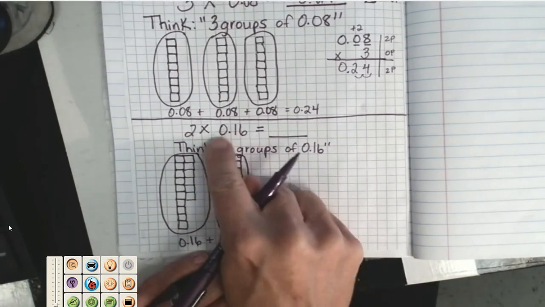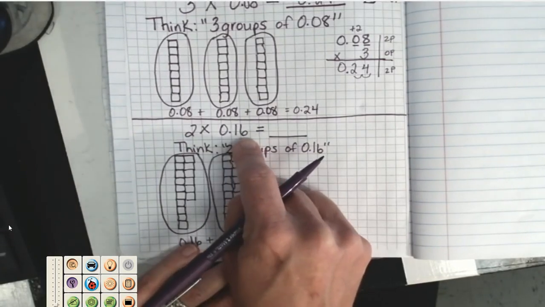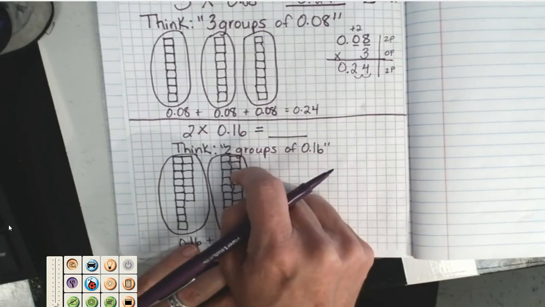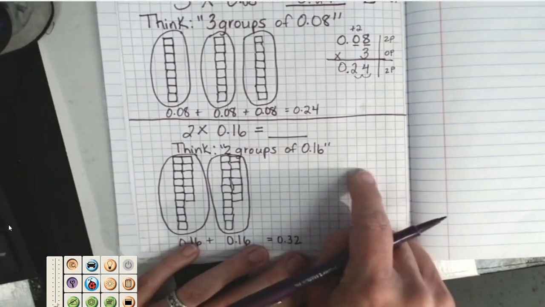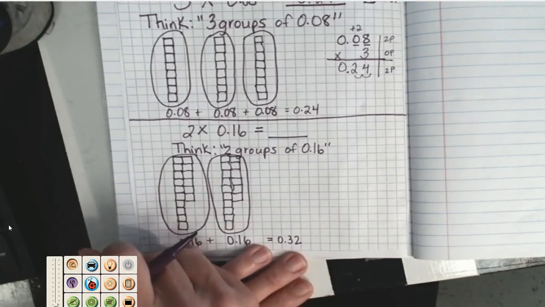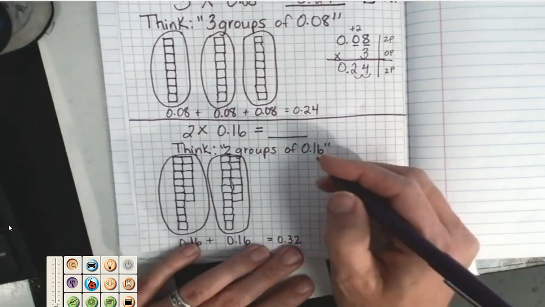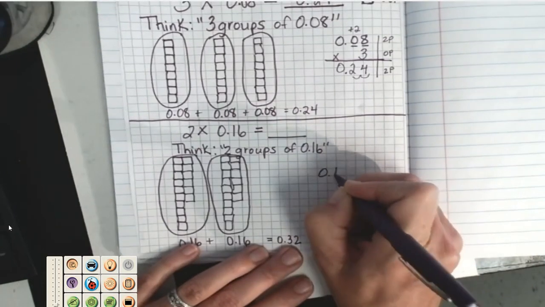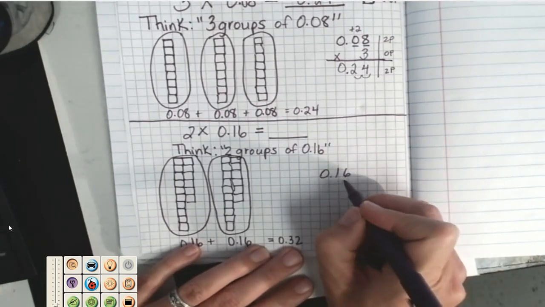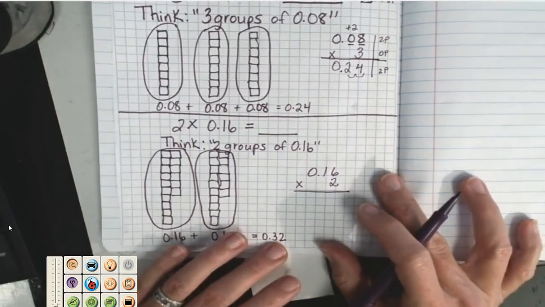Okay, so looking at this problem, how we set up a decimal times a whole number or a decimal times a decimal is the first thing we do to set up for the algorithm is we put the number that has the most number of digits on the top. And you see this one has more digits than this one. So I'm going to put 1600ths on top. My 2 is going to go right there. And that will allow me to do my algorithm.